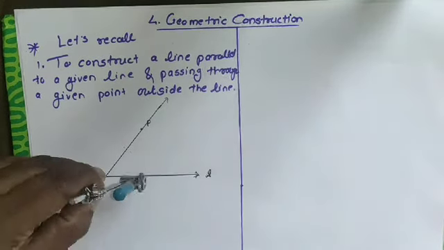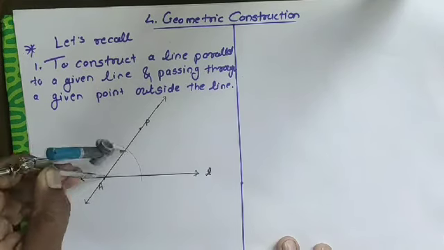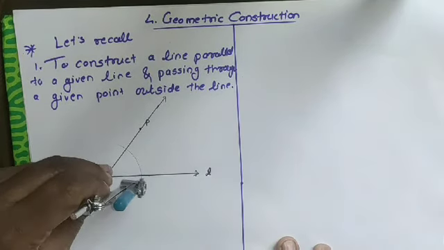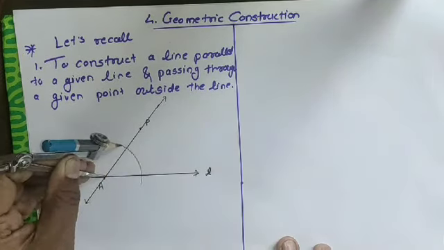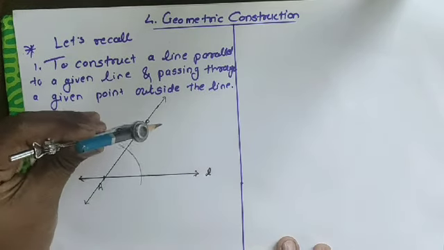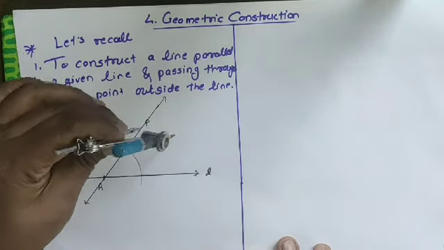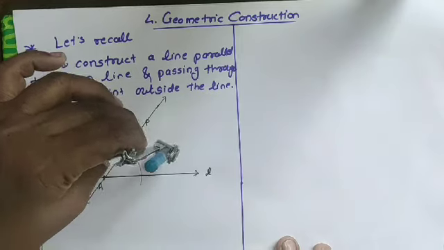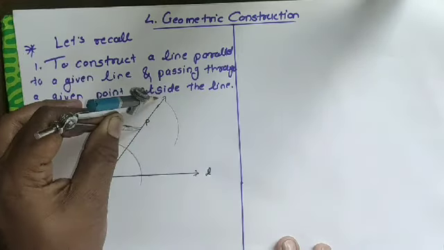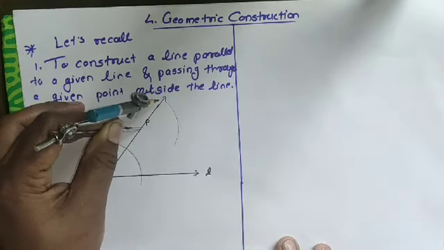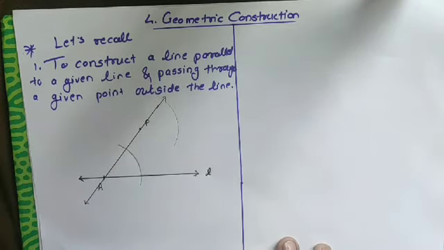This is the arc I am going to draw here. Without changing the distance, keep the pointed point on this point P and draw the arc from here.